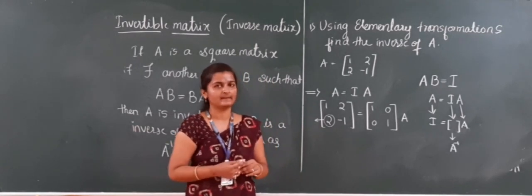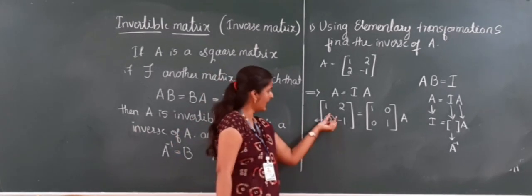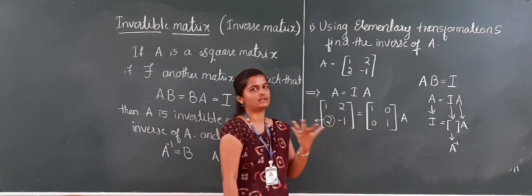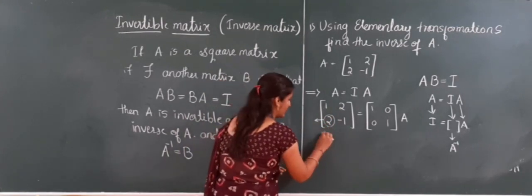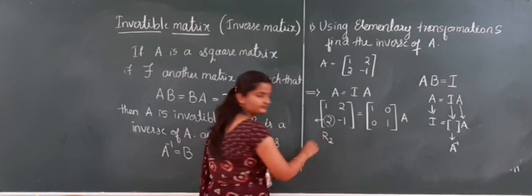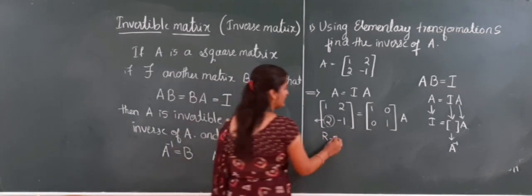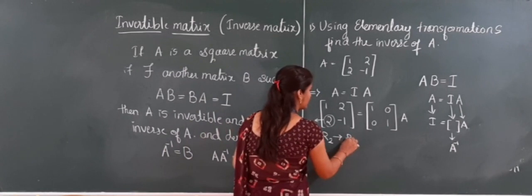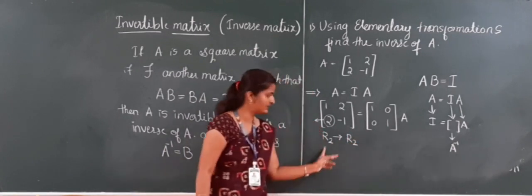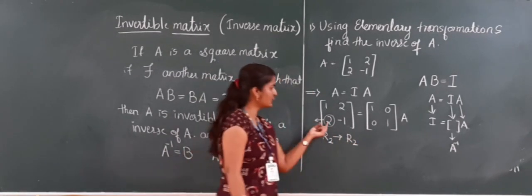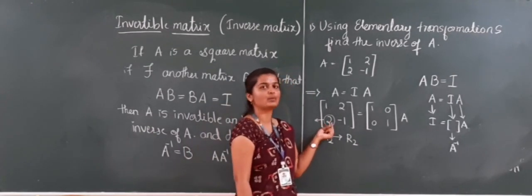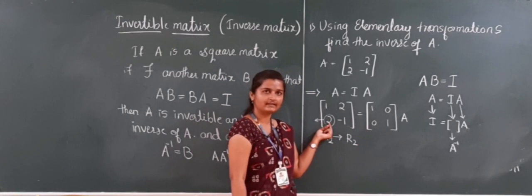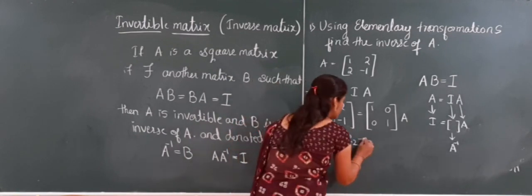What about the third one? I can add to one row a multiple of another row. This is the second row, R2. So I will change R2 as follows: first I have to take R2 only, compulsorily. R2 changes to R2. Here 2 is there, so to make this 0, I have to subtract 2.